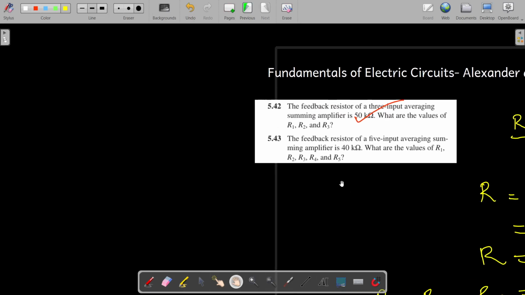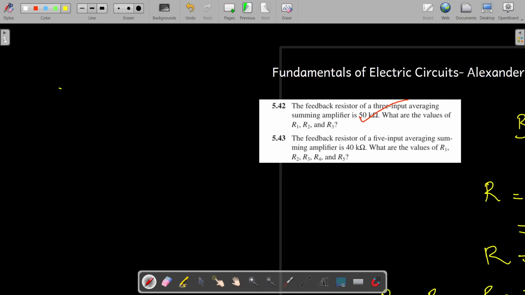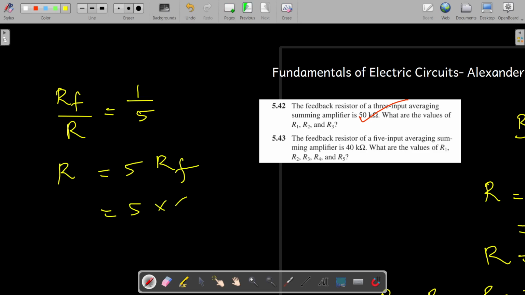Similarly for 5.43, the same formula RF by R is equal to 1 by 5, as we have a 5 input averaging summing amplifier. The feedback resistor is given, so we need to find out R. R is equal to 5 times RF. What is the RF value here? It is 40 kilo ohm. That means R values are 200 kilo ohms.